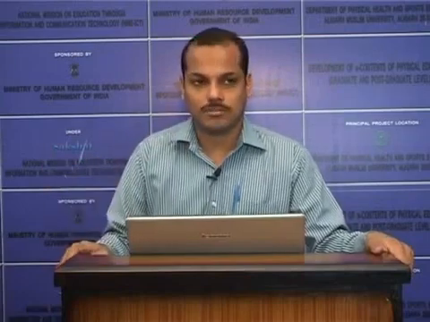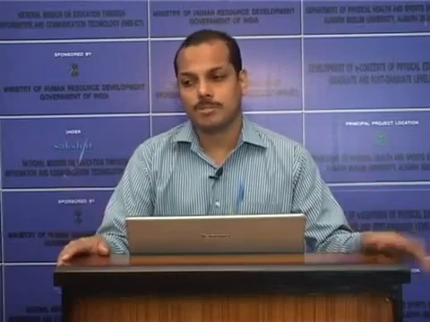Then there are motor neurons. Motor neurons carry impulses away from the central nervous system. And there are interneurons, which carry information between other neurons. They are found only in the brain and spinal cord. So there are 3 types of neurons: the first one is the sensory neuron, the second one is the motor neuron, and the third one is the interneuron.